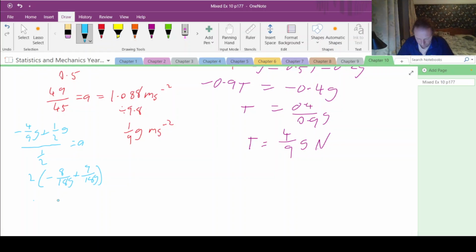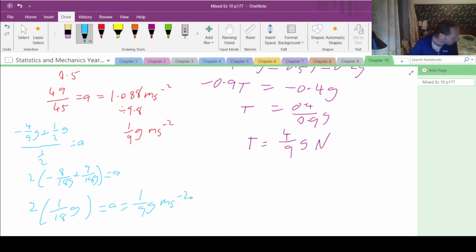Minus 4/9 plus 0.5 is 1/18. Yeah, so 2 times 1/18. It's over 18, isn't it? That's where we're losing it. And that becomes 2/18, which is 1/9 g. Okay, if you want to see the manipulation of it. If you don't, well, sorry, I've included it.